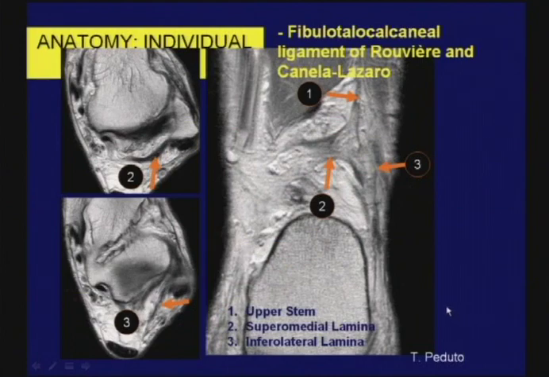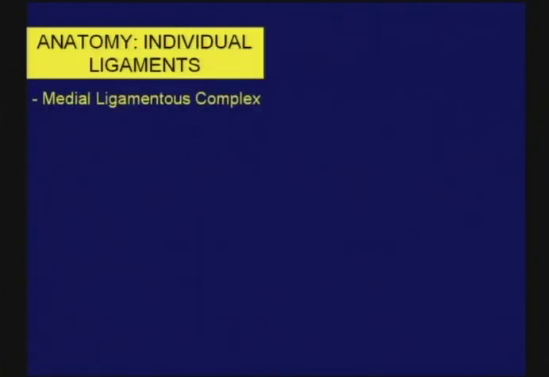To give you an idea of what it looks like, again, taken from the work of one of our previous research fellows, the three areas of the ligament are outlined here in the coronal plane and in two axial planes. I think this is probably pathologic. That's my own feeling, that these are aponeuroses that have thickened, but you will occasionally see these linear structures in the posterolateral aspect of the ankle.